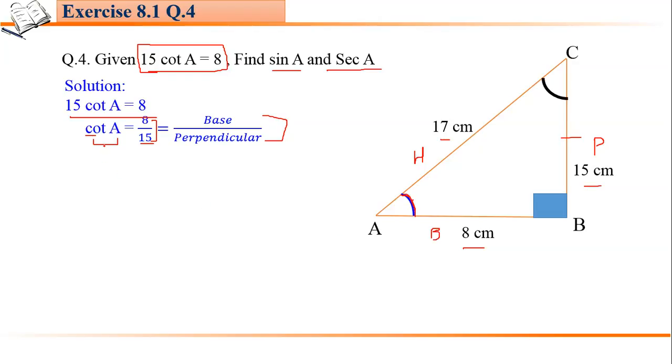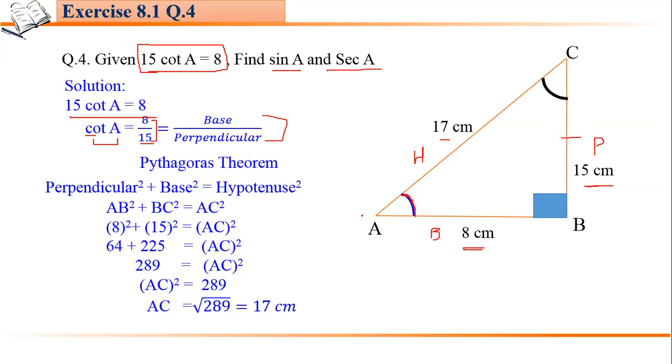So from cot A, when we apply its definition and formula, we find that the value of the base is 8 and the perpendicular is 15. So perpendicular here is 15 and base here is 8. Now to calculate this, again we'll use the Pythagoras theorem. AB square plus BC square is equal to AC square, because AC is our hypotenuse.